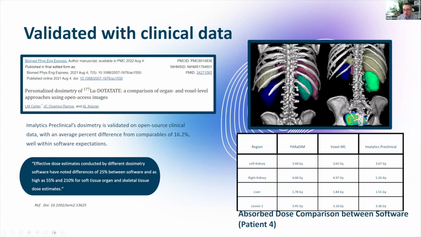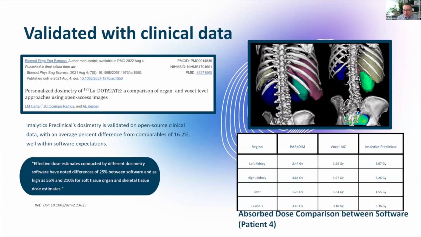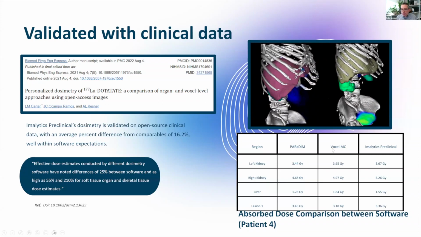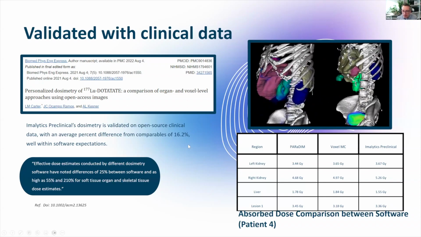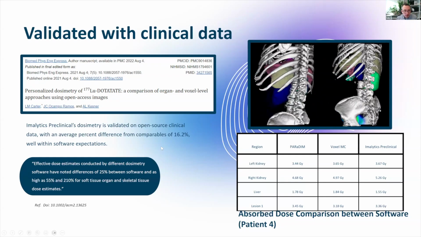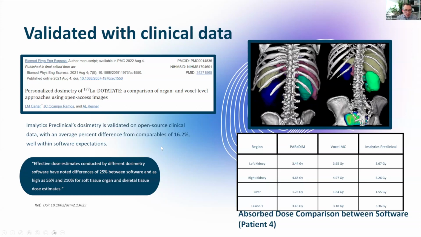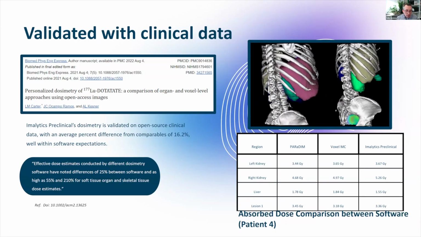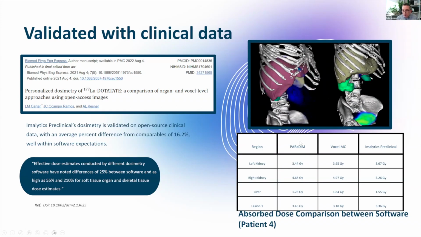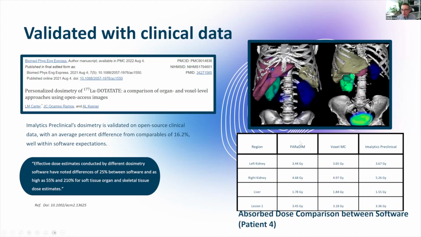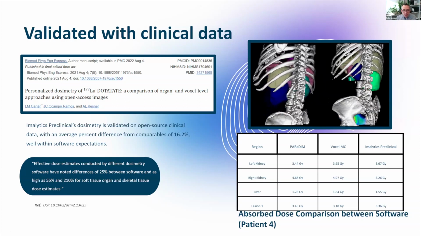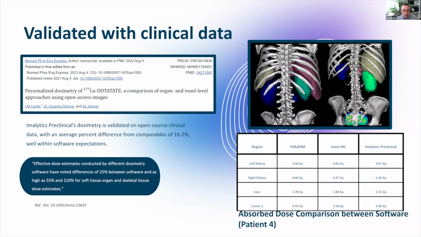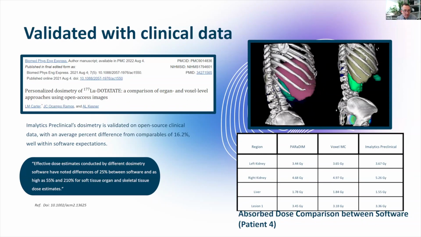And our results were in a similar range to other dosimetry softwares used in the clinical scope. Here we got similar values. And we also noted that these softwares also have quite a difference in their results, because it can be quite application or implementation specific.